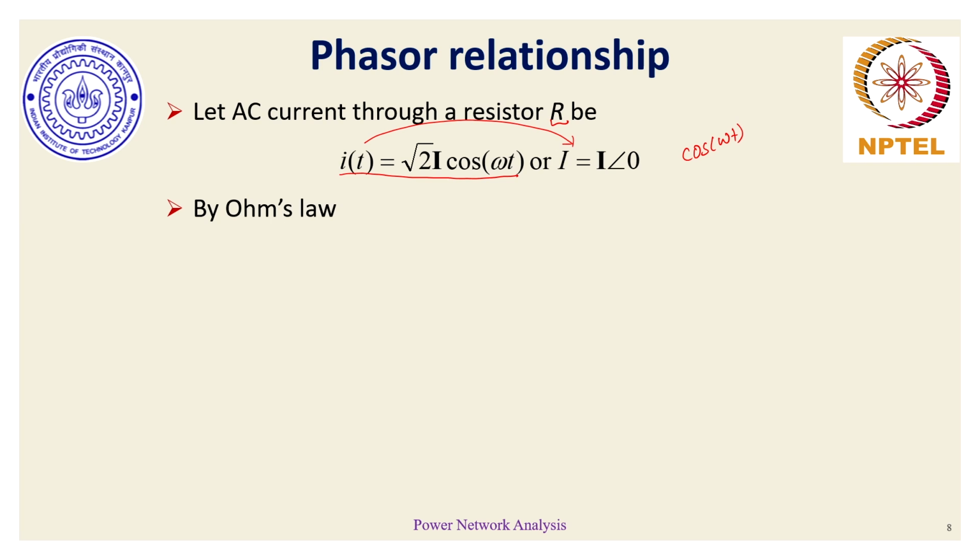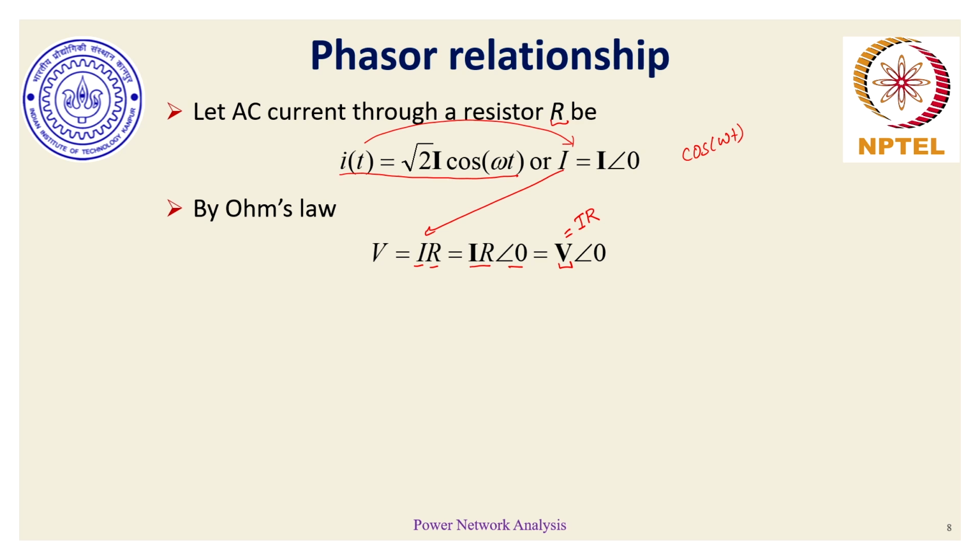By Ohm's law, which defines the operation of a resistor, voltage is current into resistance. So with the phasor notation of current, the voltage is capital I R at an angle 0. So essentially I have capital V defined as bold I into R.